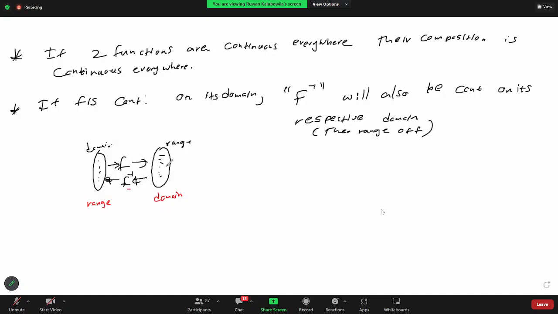For the inverse function, if we apply this value, then it will give us this value. For f, domain is this one and range is this one. For f inverse, domain is this one and range is this one. So you can see the range of f is the domain of f inverse.